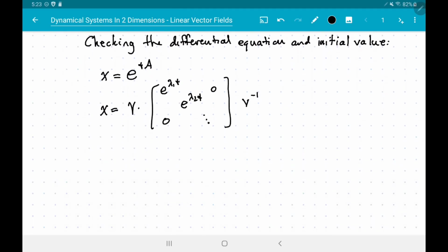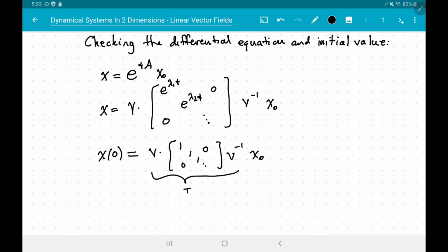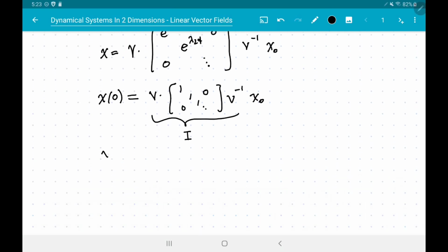So checking the initial value is actually very easy. x of 0, oops, I left something out here, x sub 0. Okay, so then x of 0 is v times, well, this diagonal matrix here is going to reduce down to just ones on the diagonal. And when you simplify all of this, it simplifies down to just the identity matrix, and you'll be left with x of 0 equals the initial condition.